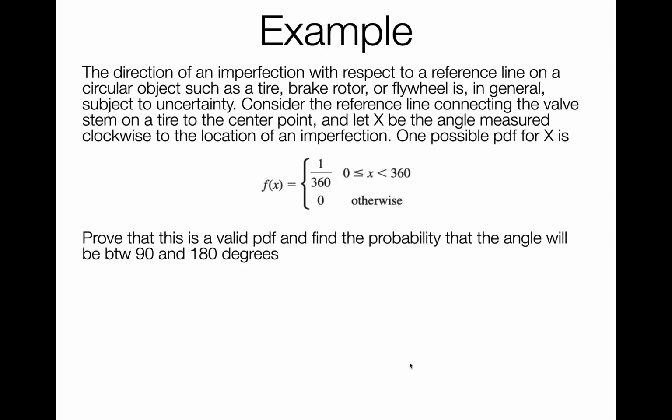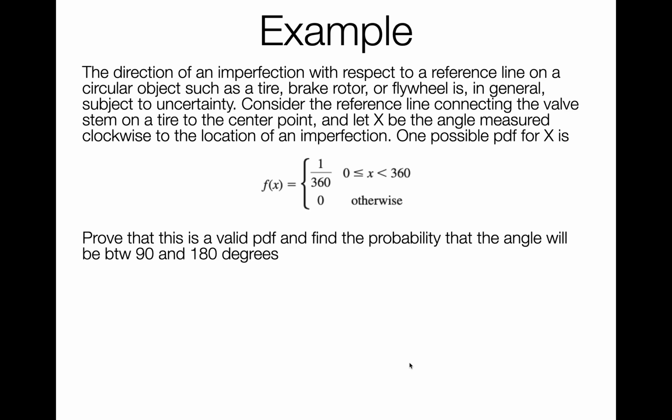It doesn't really matter to me whether you find a connection with the example itself, because I certainly don't, but still we have a PDF, we can work through it. So first question, prove that this is a valid PDF, and second question, find the probability that the angle will be between 90 and 180 degrees.